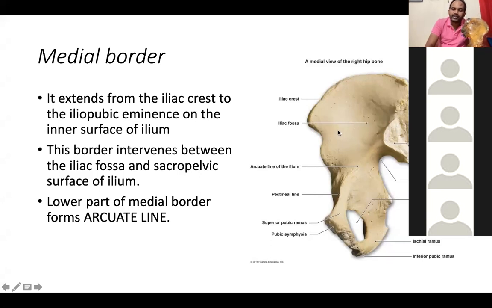So in front of the medial border, there is a depression called the iliac fossa. Posterior to the medial border, there is a surface called the sacropelvic surface, and the lower part of the medial border continues down as the arcuate line. Is it clear?